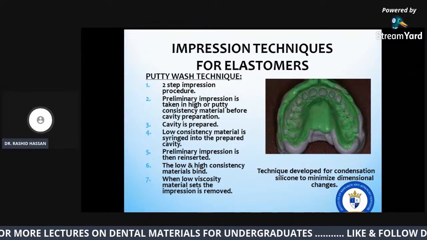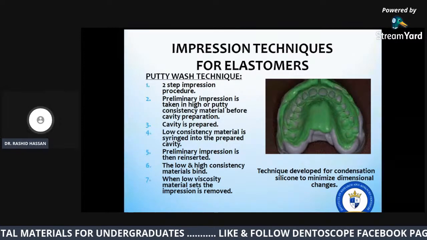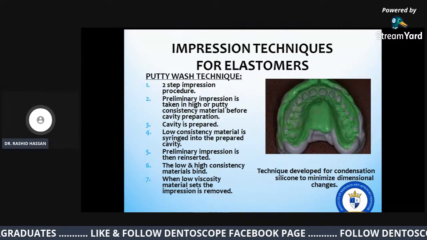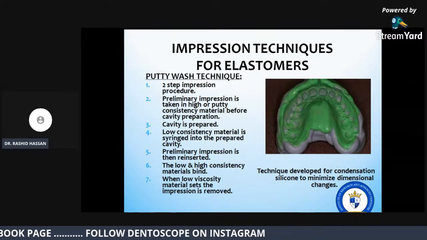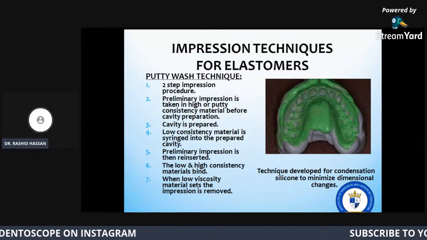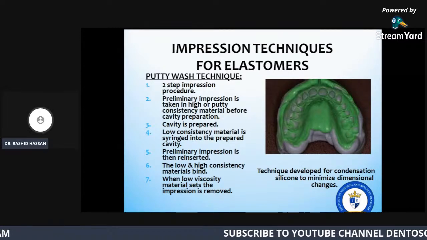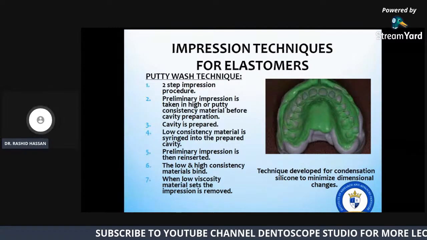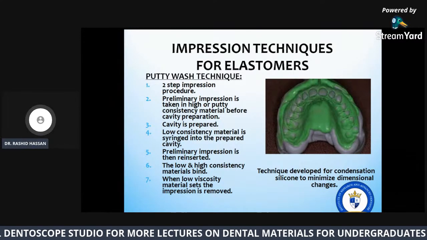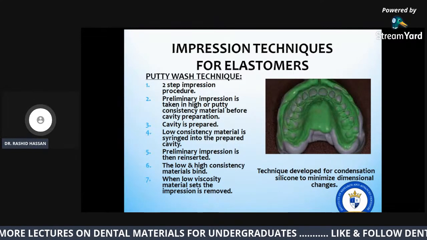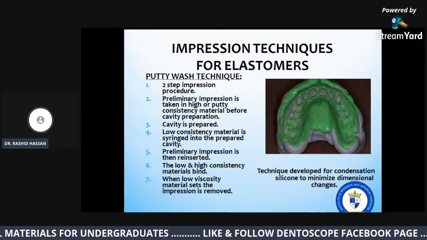After preparing the cavity, a low viscosity material is syringed onto the prepared cavity. You syringe it directly into the prepared cavity. Then you reinsert the preliminary impression inside the patient's mouth exactly at the same position. The low and high consistency materials bind together.